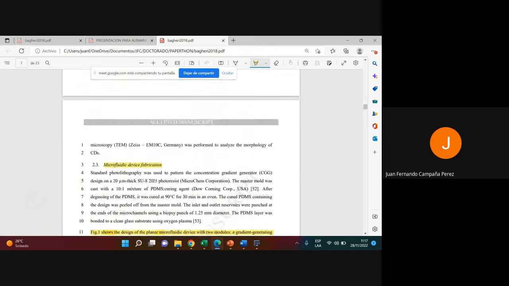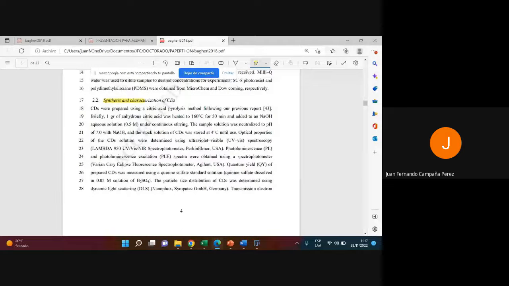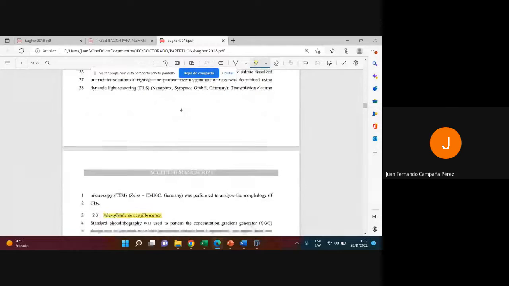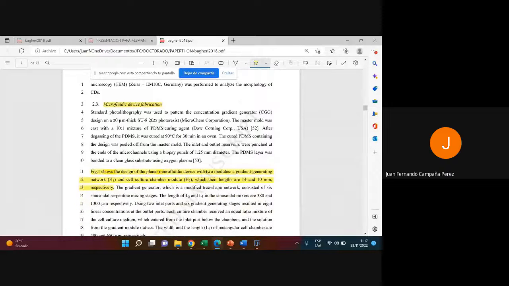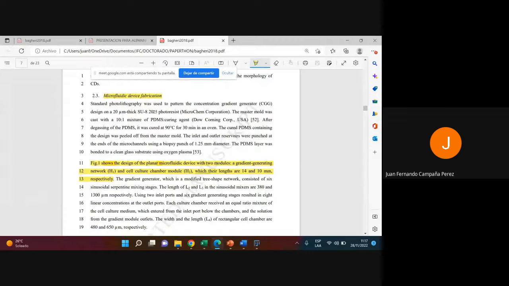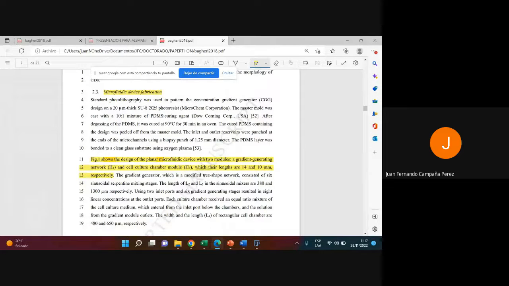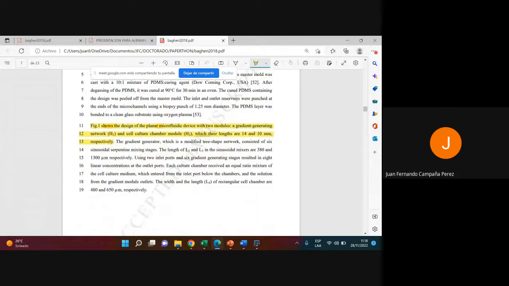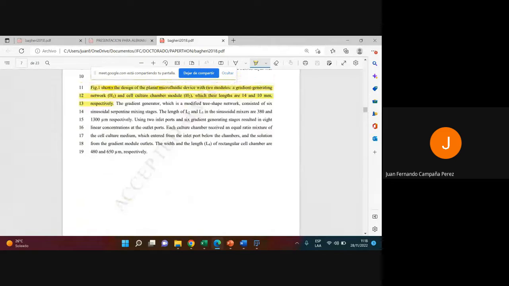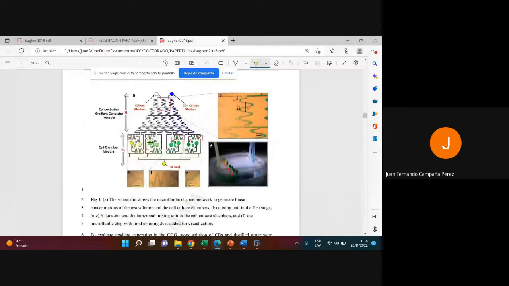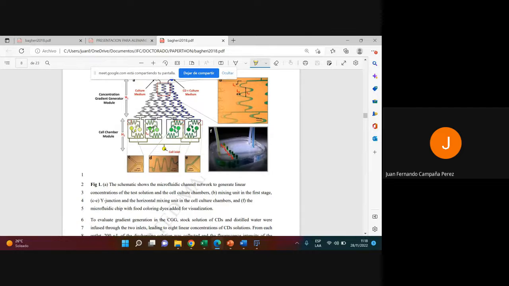Well, in the methods, as I told you, they synthesize the carbon dots. After that, they make the microfluidic device. This is the design. The first part is the concentration gradient generator module and the cell chamber module.